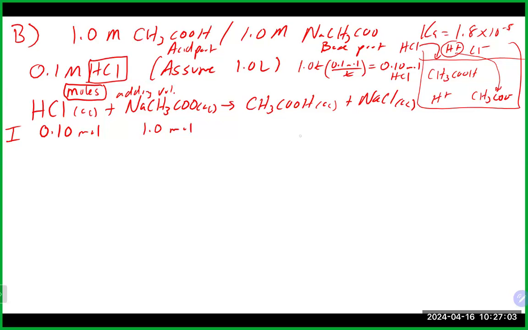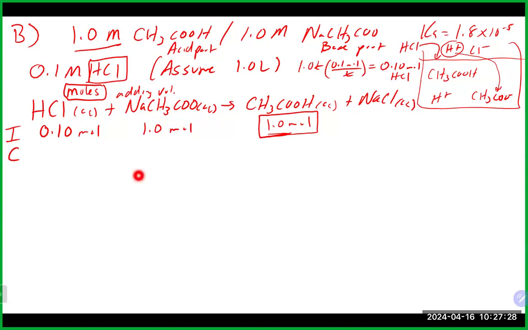Also, this is always screwed up as well: do I have any acetic acid in this case? I do. I have 1 molar of that at 1 liter, which gives us 1 mole. Once again, if you do not have this, you are not doing a buffer problem. That's also very commonly screwed up by people as they go through this.